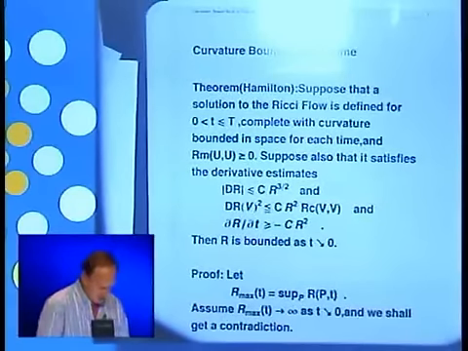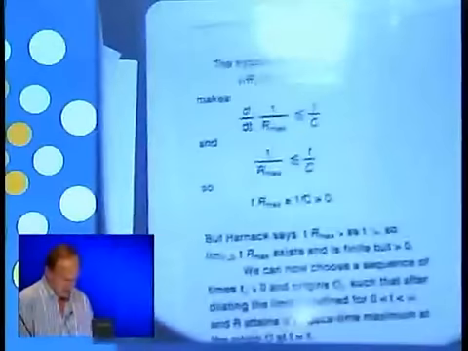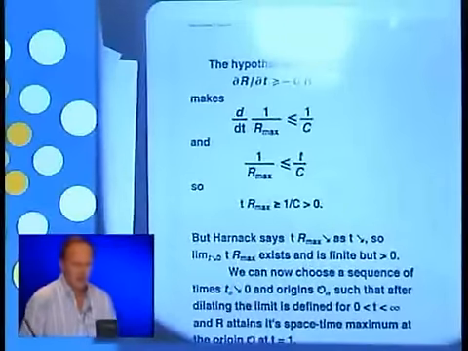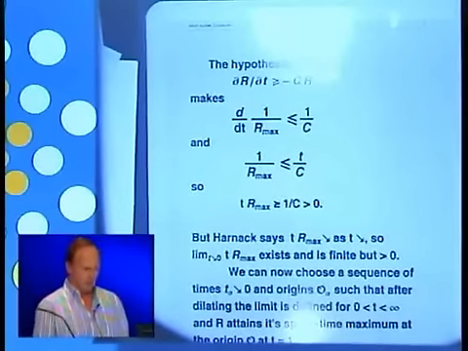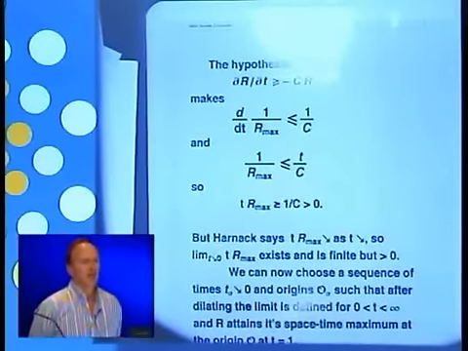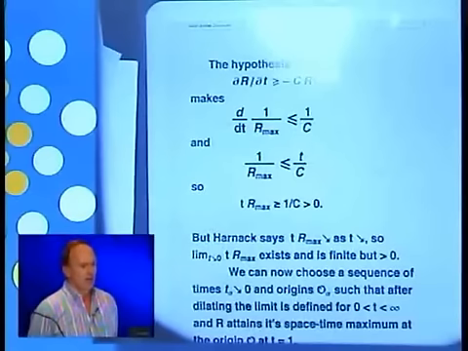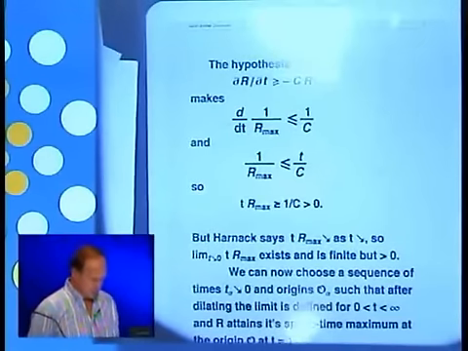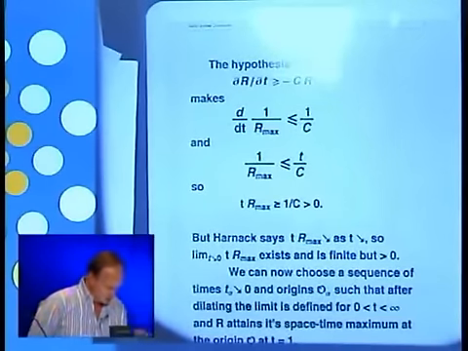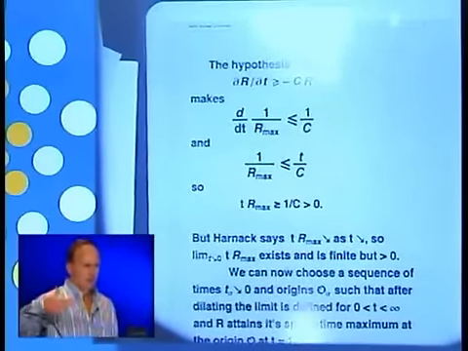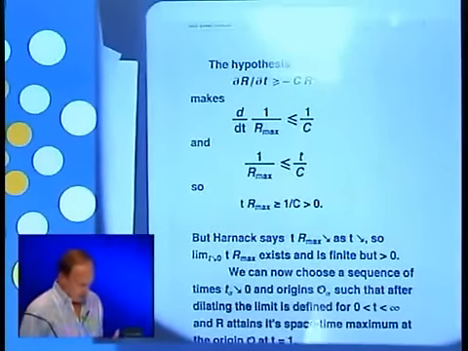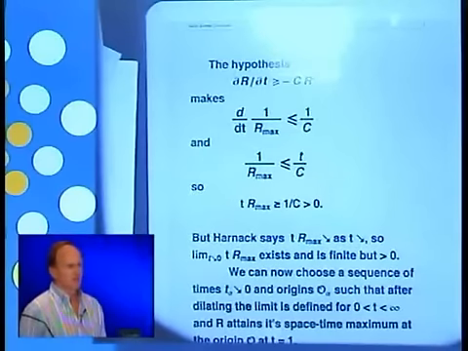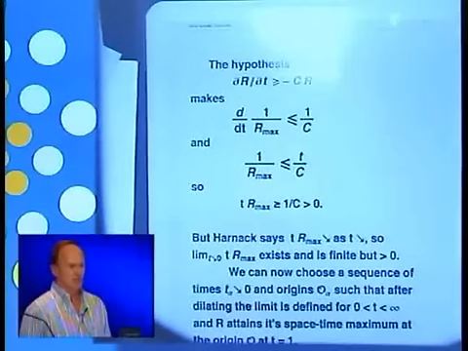And this can be done nicely by bounding T times the maximum curvature, and you get bounds above and below from the derivative estimates, and that lets you pick out a sequence which converges. It's a type 3 blowup in the terminology. It's a sequence where T times the maximum curvature attains its maximum.